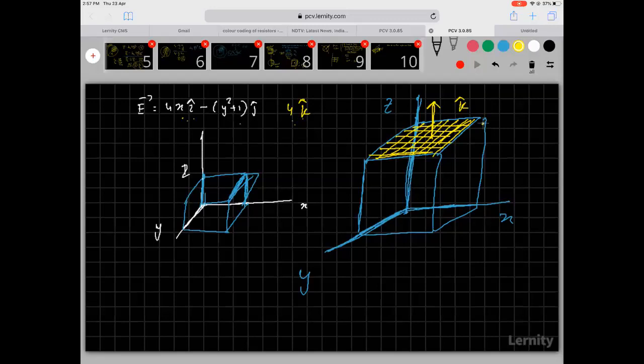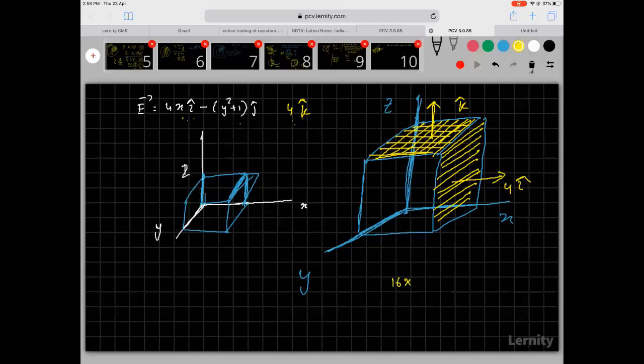Then suppose I consider this wall. For this wall, the area vector is perpendicular to this, that is along the i direction. So when I work it out, this will also be 4, and it will become 16x. What is x equal to here?